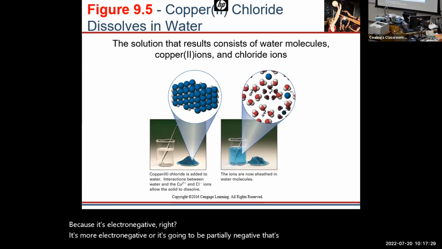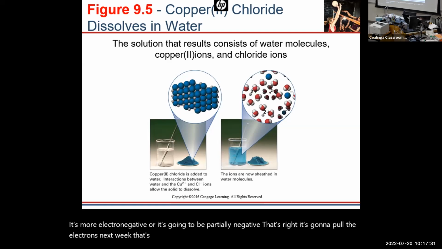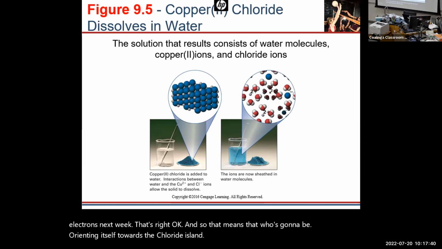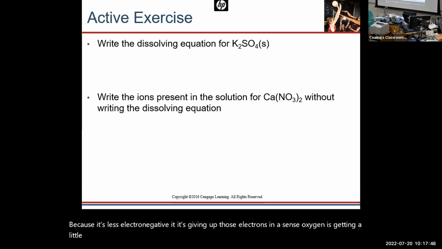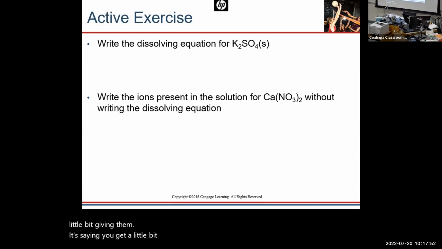It's going to be putting the electrons next to it. And so who's going to be orienting itself towards the chloride ion? Hydrogen. That's right, because it's less electronegative. It's giving up those electrons in a sense. Oxygen is getting a little bit more.